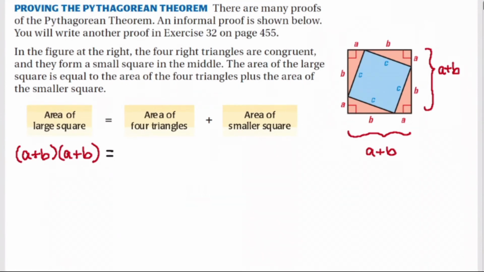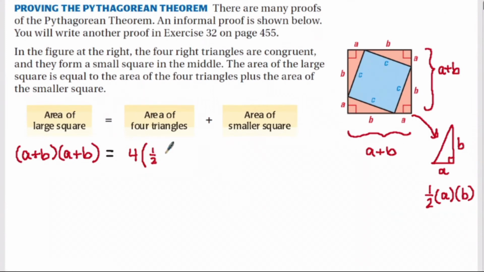They're a by b. So maybe I'll just pick out this one. Triangle area is 1/2 base times height. So all 4 of those would have that same area. So for my 4 triangles, I'll just take 4 times the area of one of those, 1/2 base times height.